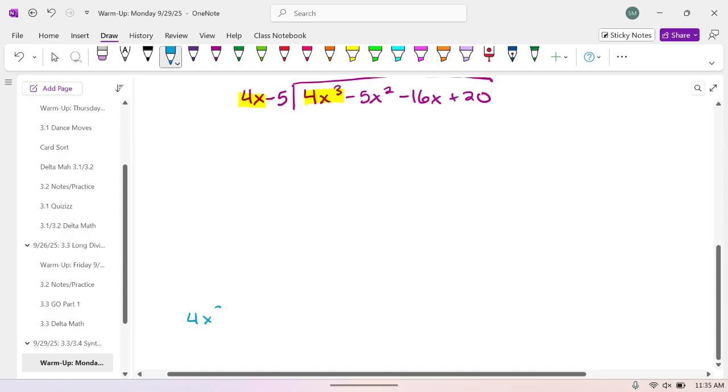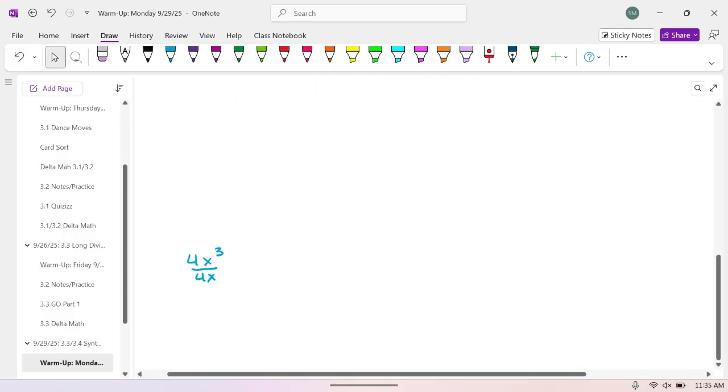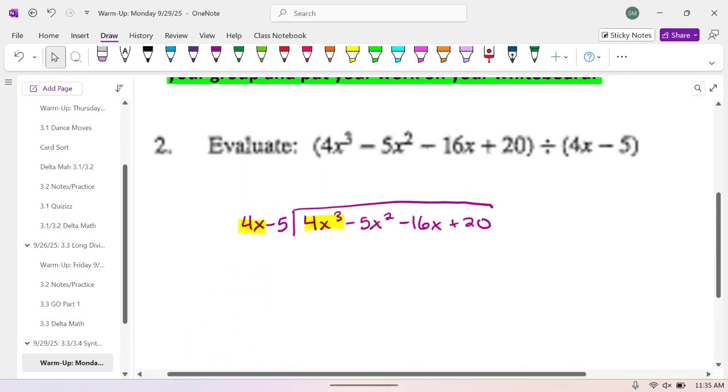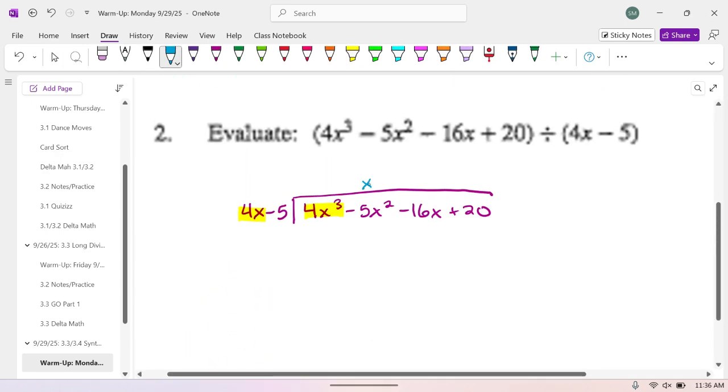So I'm going to do 4x cubed divided by 4x. What happens to the 4s? They cancel. And then what's x cubed divided by x? X squared. Remember, you're taking away one of the x's. And remember, you want to write it up top because that will be part of your quotient or your answer.